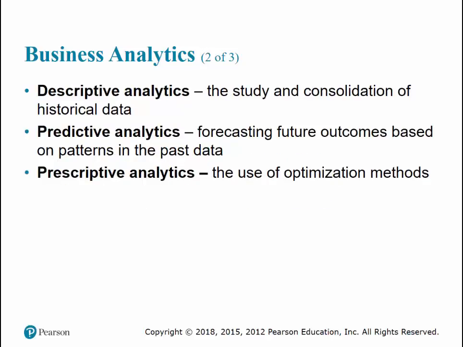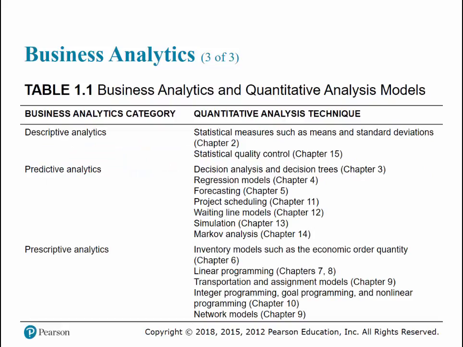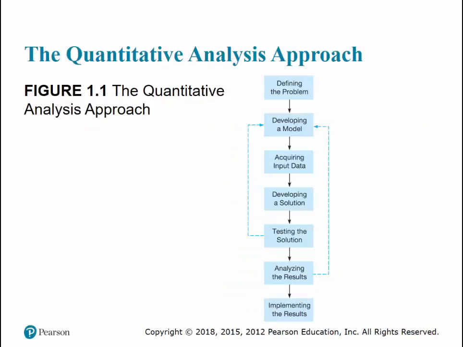And there are three, some people make it into four: descriptive or visual analytics, predictive analytics, and prescriptive analytics. Prescriptive analytics is something that we'll be covering in this course. We'll be doing some predictive analytics as well, like forecasting. So here is the chapter mapping of these three broad analytics areas.